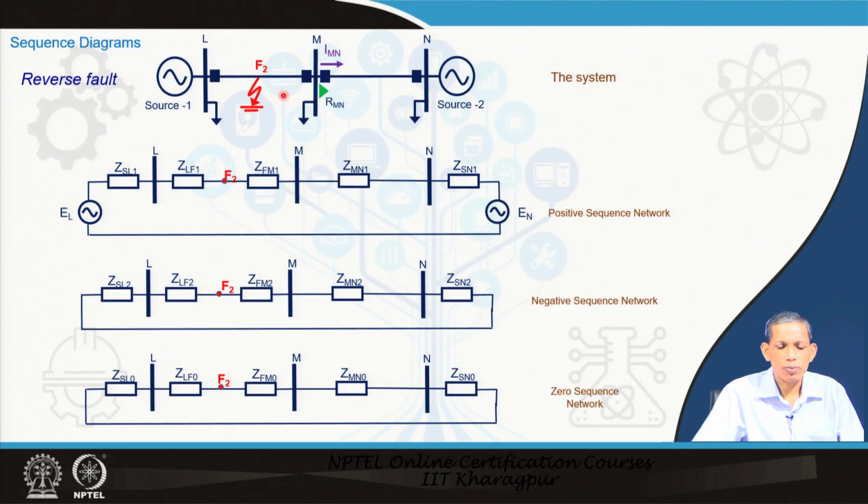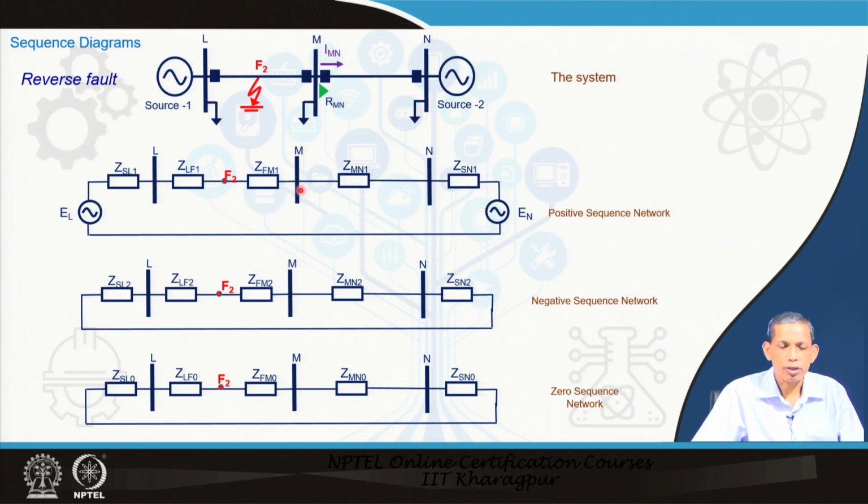So, for this reverse fault the different sequence components for this system: this is the positive sequence network, negative sequence network and zero sequence network. This we have already learned in our basics on sequence diagram perspective.